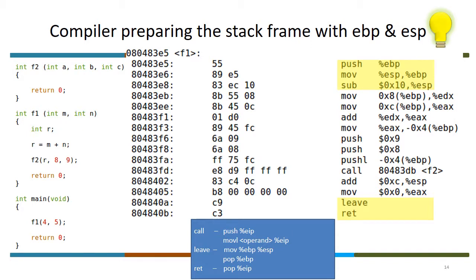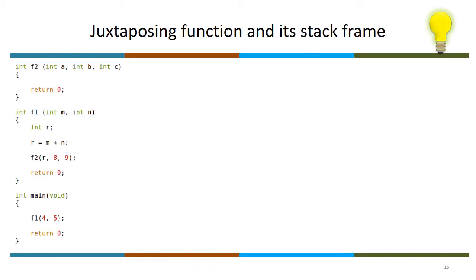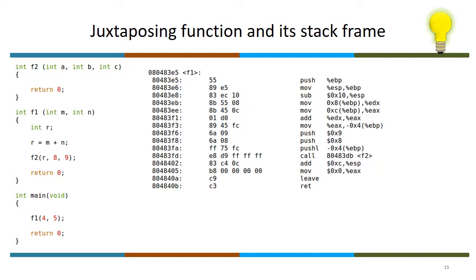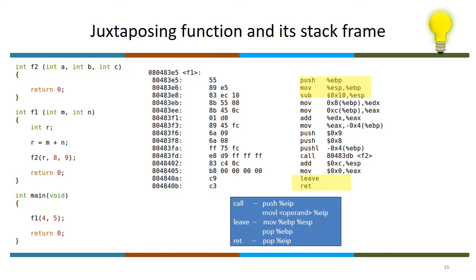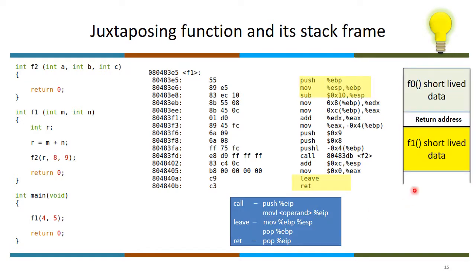To have a better visualization, we have the assembly code as well as the pictorial representation. Same thing, right? It is self-explanatory after we have seen the earlier session, right? The return address is popped back, right?